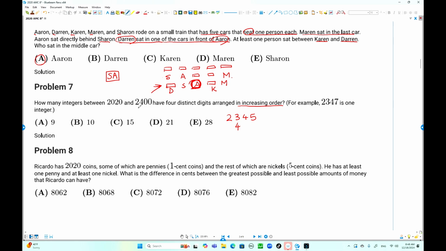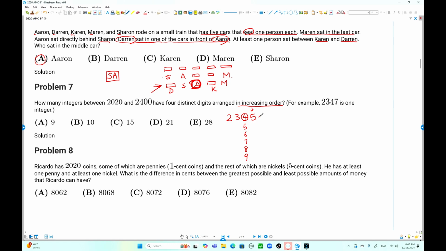This is greater than 2400. So from here, 4 is okay. And when you start, this is 4, or 5, 6, 7, 8, 9, still okay. Still less than 2400. But the next one may have many choices.